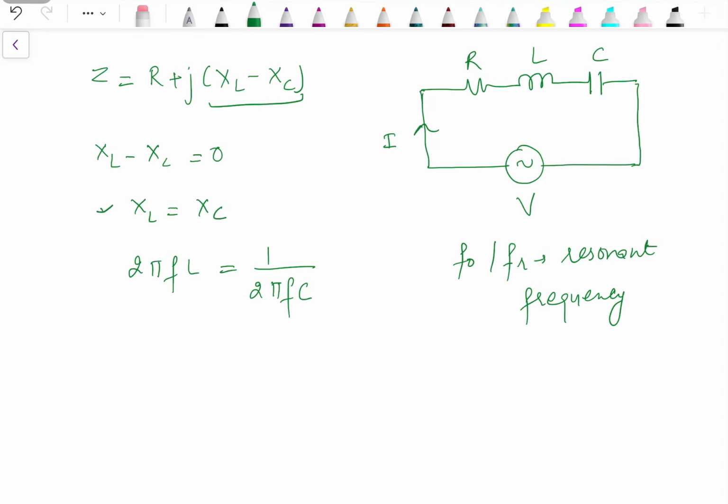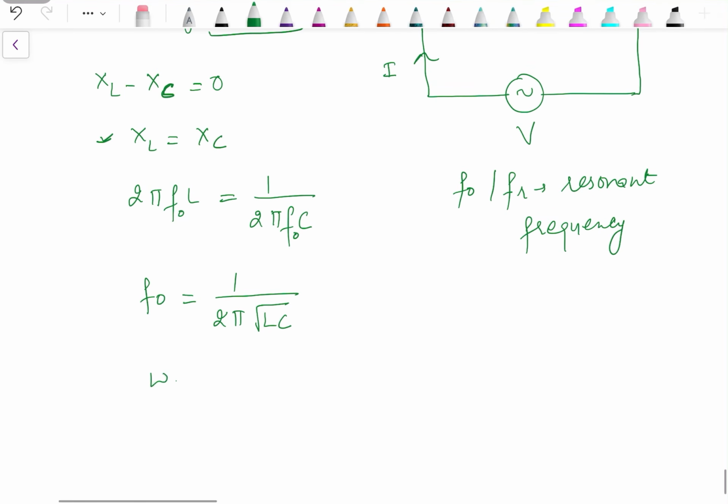Now this condition comes only for a particular frequency, since both XL and XC are dependent upon frequency. So let's say we denote it by F naught, then F naught becomes 1 upon 2 pi root LC, or we can say omega naught, the angular frequency at resonance, is 1 by root LC.